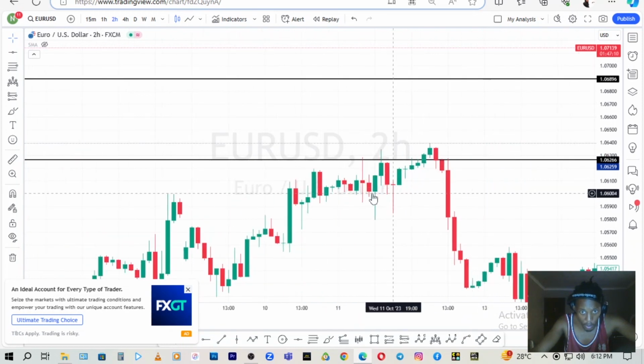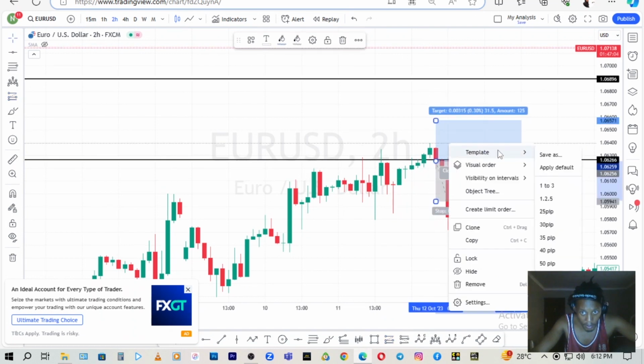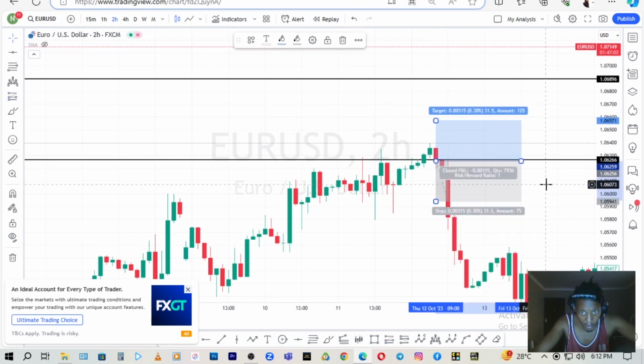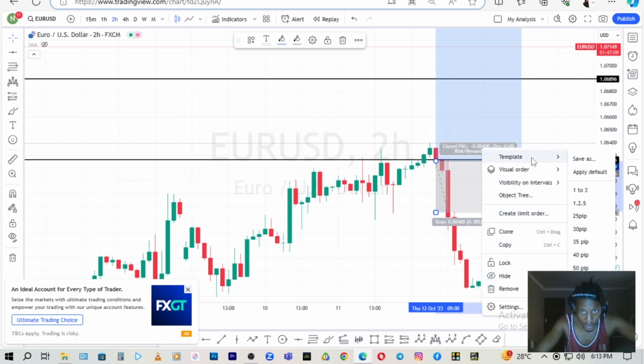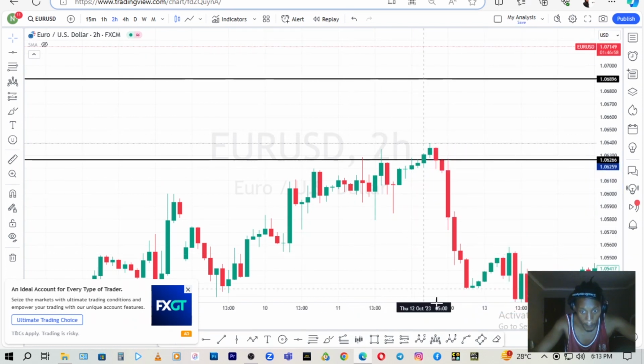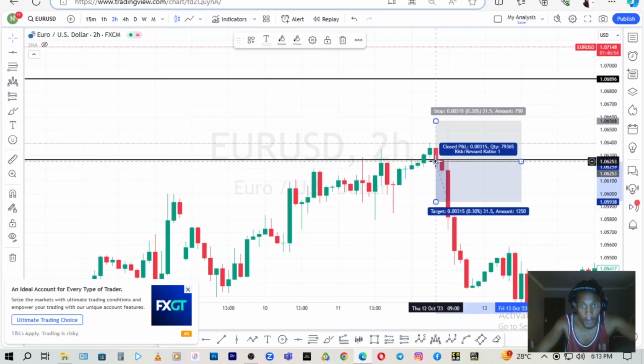This is no entry over here, but this one gave us an entry. Okay. Nah, I used the wrong one. So we're targeting 120 pips.